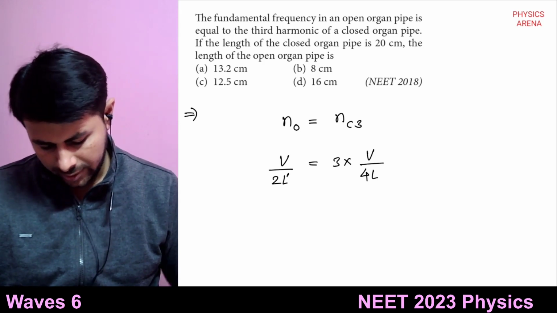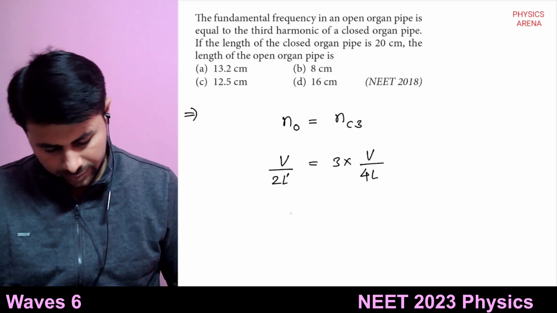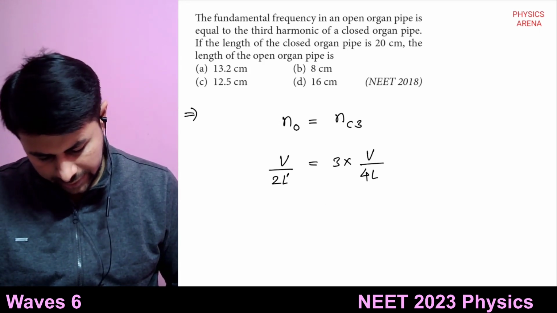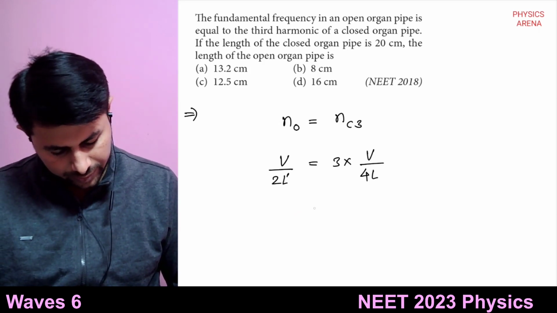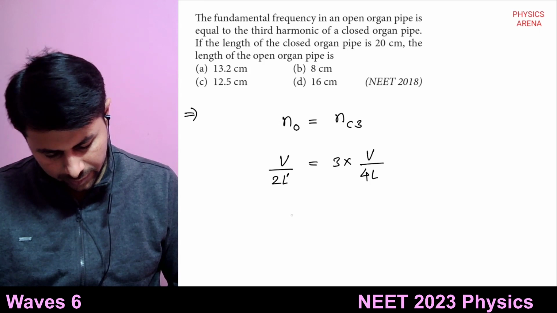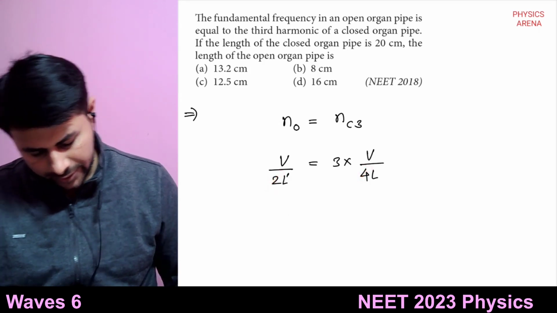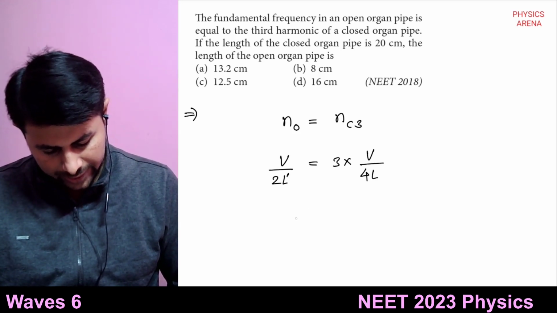Okay, so VV gets cancelled. This thing gets cancelled, 4 gets cancelled. Sorry, the 2 will remain there. So 1 upon L dash.